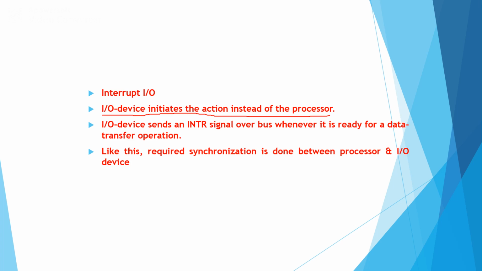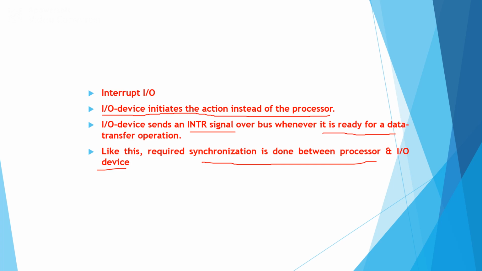The IO device sends an interrupt signal, that is the INTR signal, over the bus whenever it is ready to receive the data, or else whenever it is free. Like this, the required synchronization is done between the processor and the IO device.